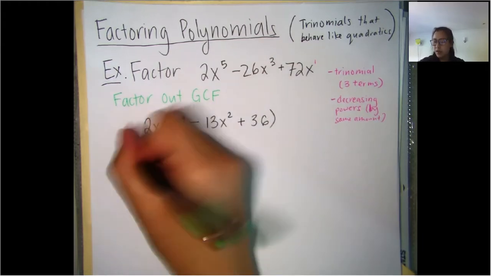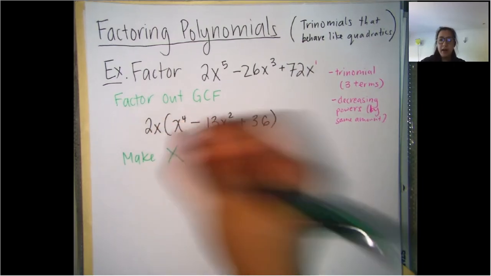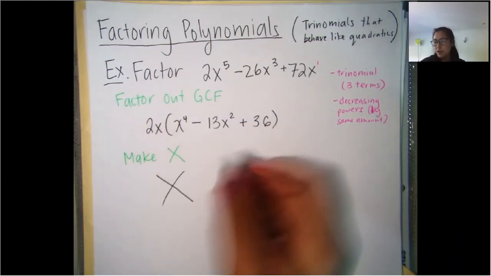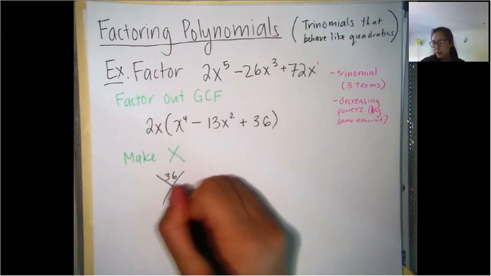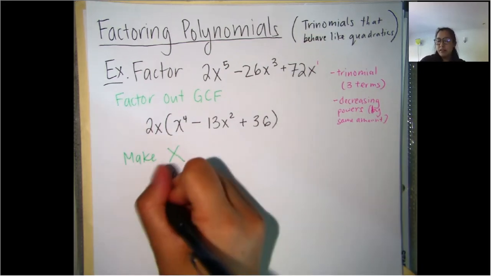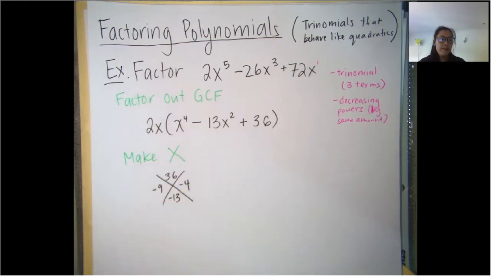All right, so we're going to go ahead and make our big X, which is what we also do when we're dealing with quadratics. So this should be familiar. We use the numbers inside here. There's a 36 at the top, negative 13 at the bottom. Well, what two numbers add up to negative 13 and multiply to 36? Well, that's going to be negative 9 and negative 4.